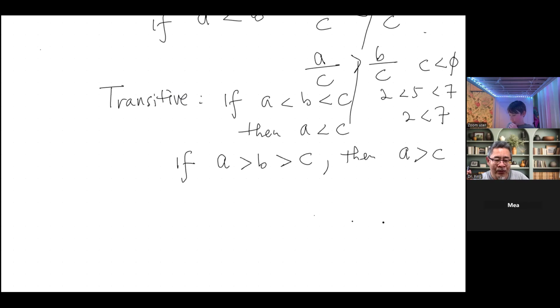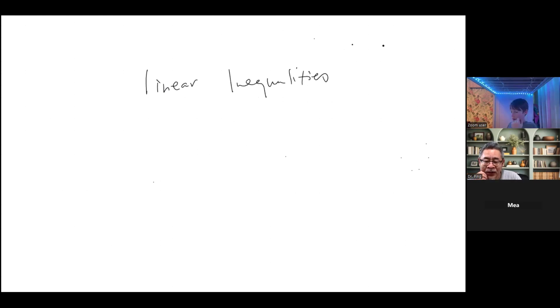So let's look at, we actually did the linear equations. We just want to check on the review of linear inequalities. Okay, so if we have 2x plus 3 is less than 9, again, we're going to minus 3.